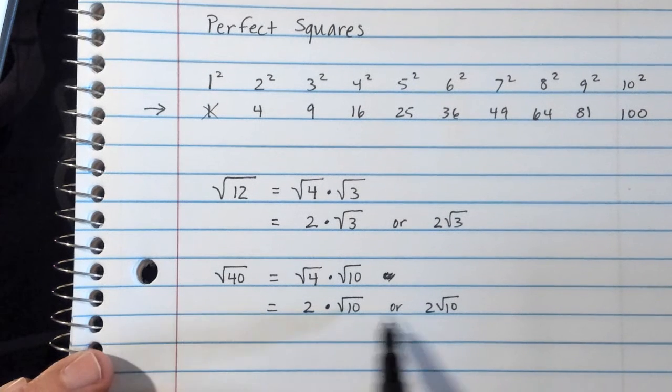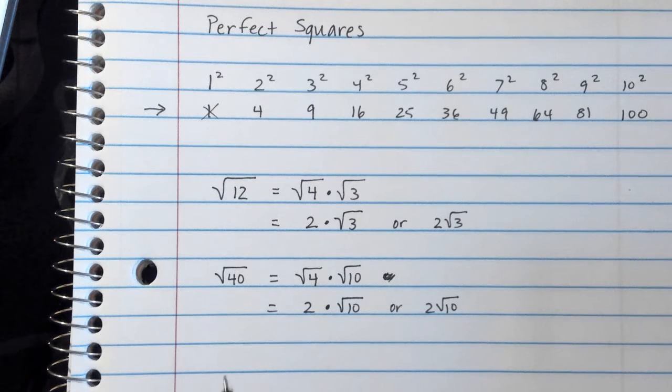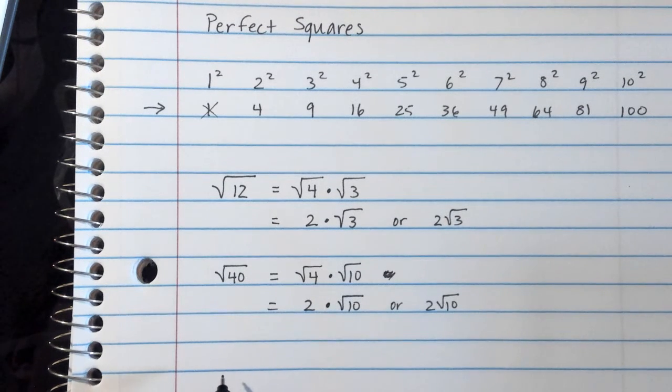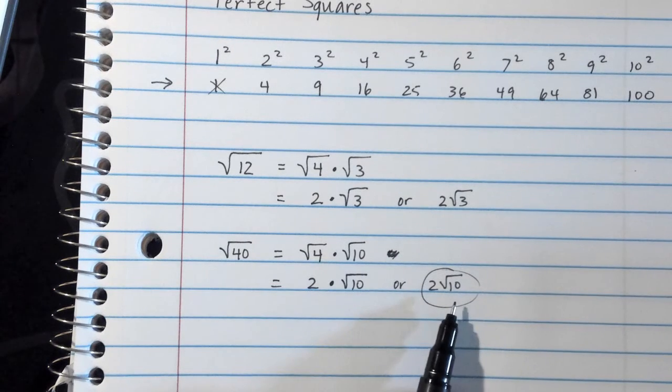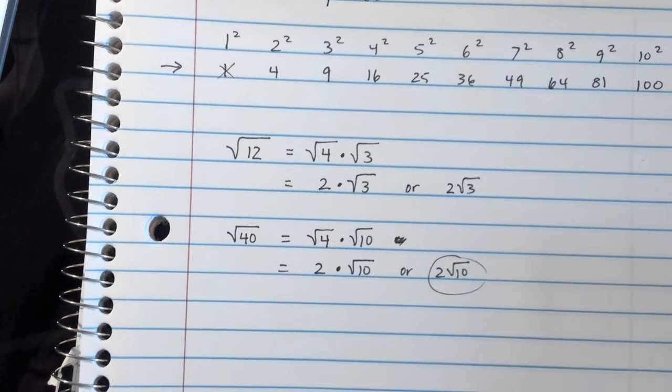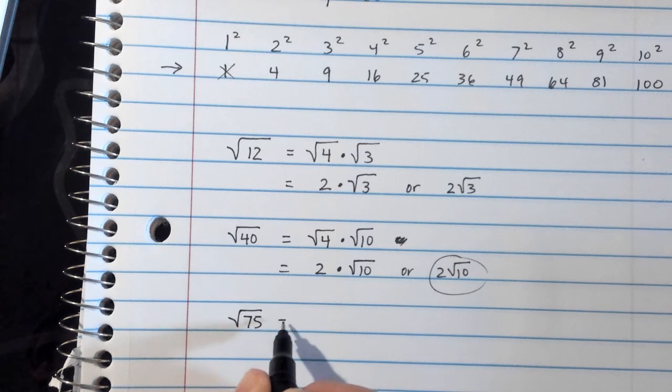Next example. We're going to go back in a second to the previous lesson and simplify our answers some more using this expression. Square root of 75.